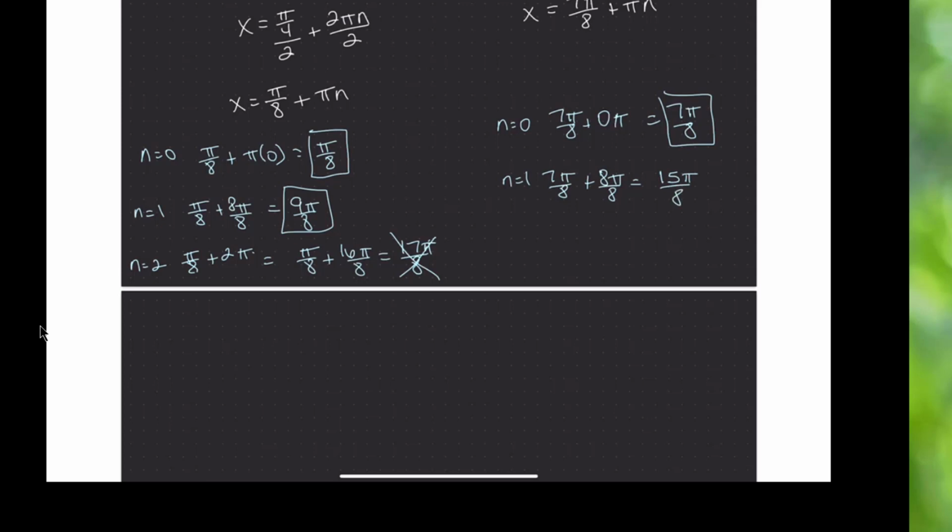Is 15 pi over 8 less than 2 pi? Yep. So we know that's a solution. What do you think is going to happen when we do n equals 2? It's going to be over, right? Because we are 1/8 of a pi away from there. So now we found all of our solutions between 0 and 2 pi.